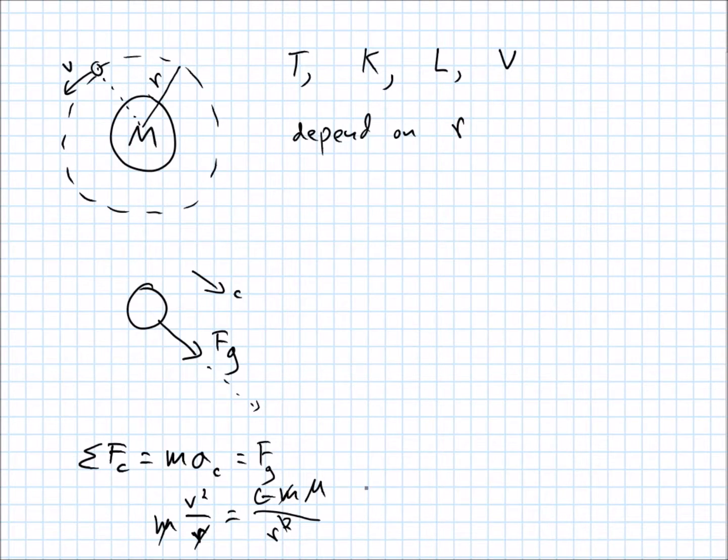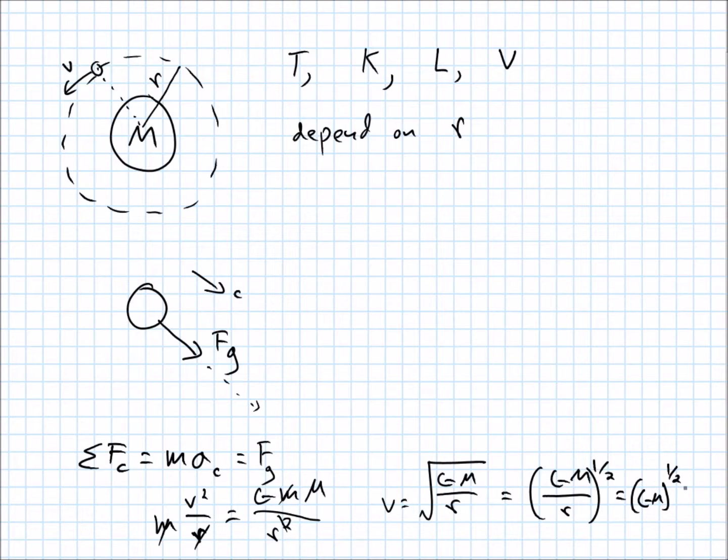Okay. And so it looks like v is equal to the square root of GM over r, or one could write this as GM over r, all to the power of 1/2. Once more, rewriting, we could write it as GM to the 1/2 times r to the negative 1/2.